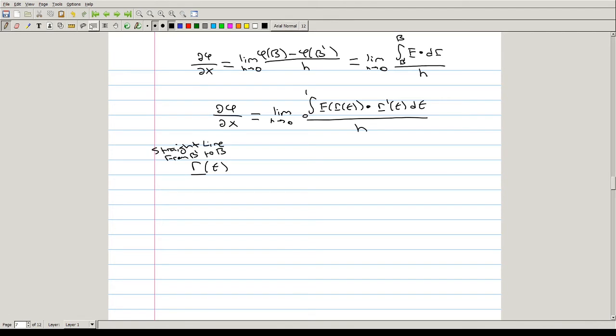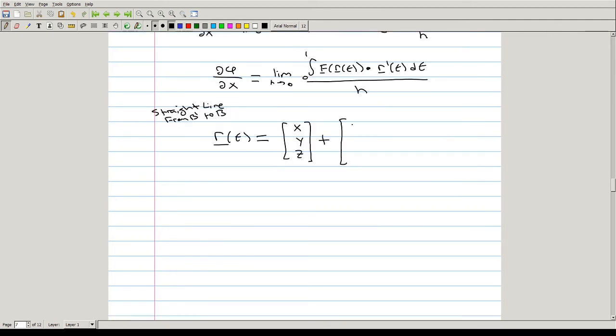Which is exactly equal to the line that at t equals 0 starts at b prime and passes through the point b. So it's equal to the point x, y, z plus h times 1 minus t, 0, 0.